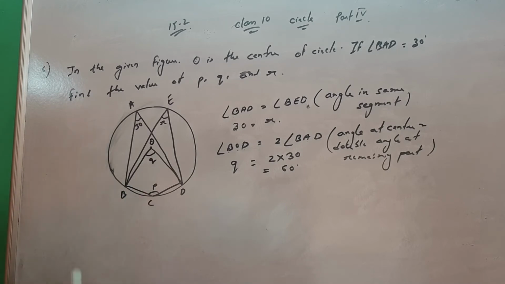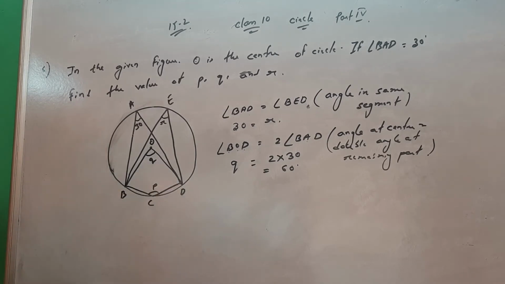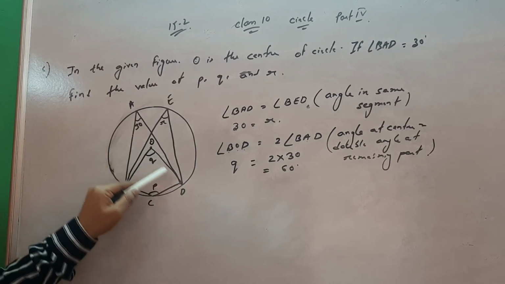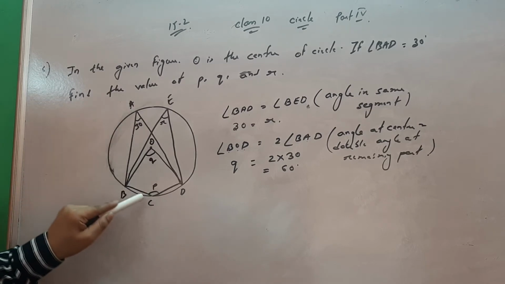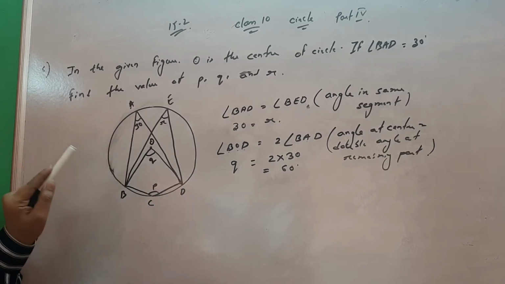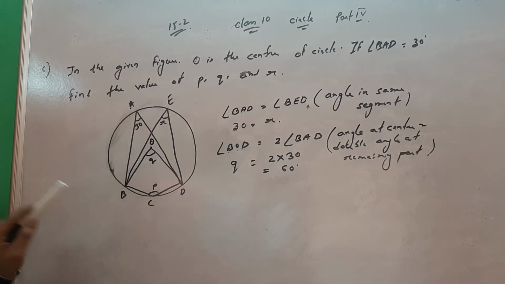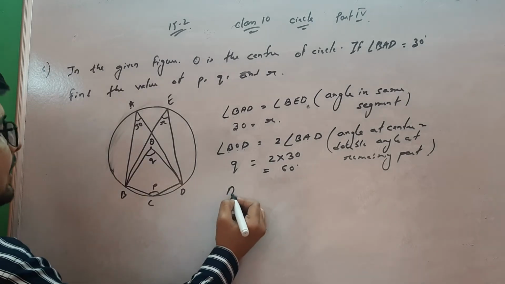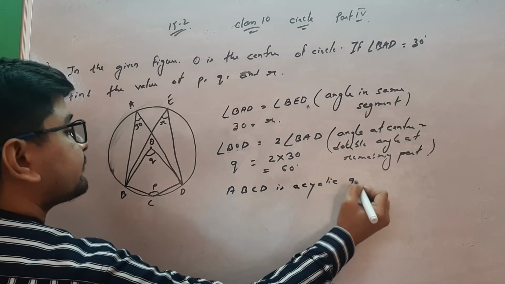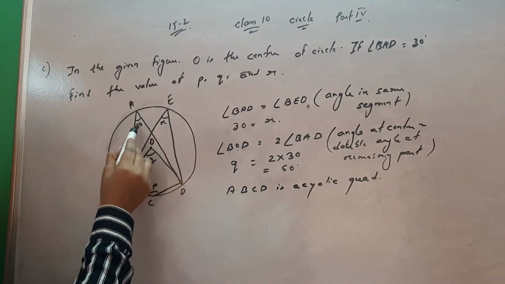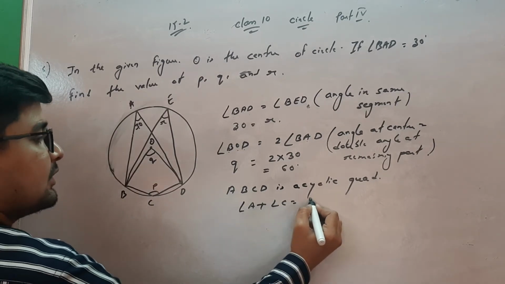It's time for P. See, ABCD is a cyclic quadrilateral, not BODC, because O is not touching the circumference. ABCD touches all the corners, all the corners of the quadrilateral touching the circumference of the circle. So ABCD is a cyclic quadrilateral, so angle A plus angle C equals 180.